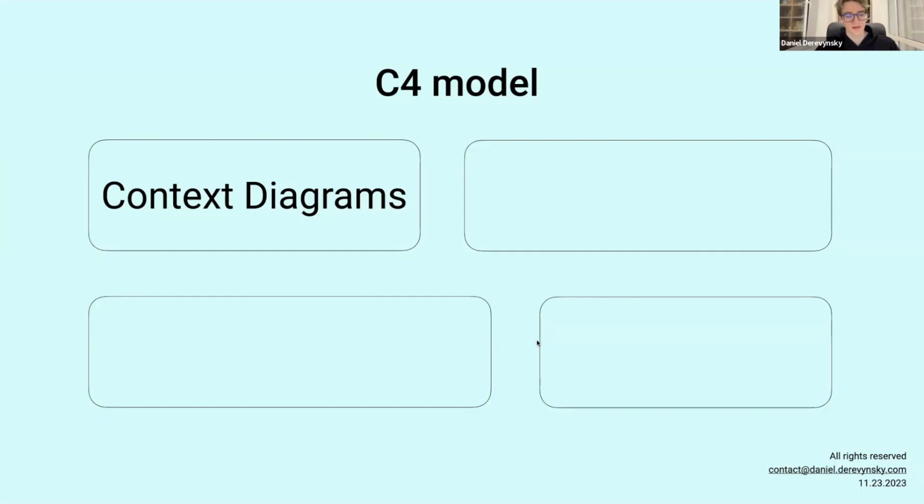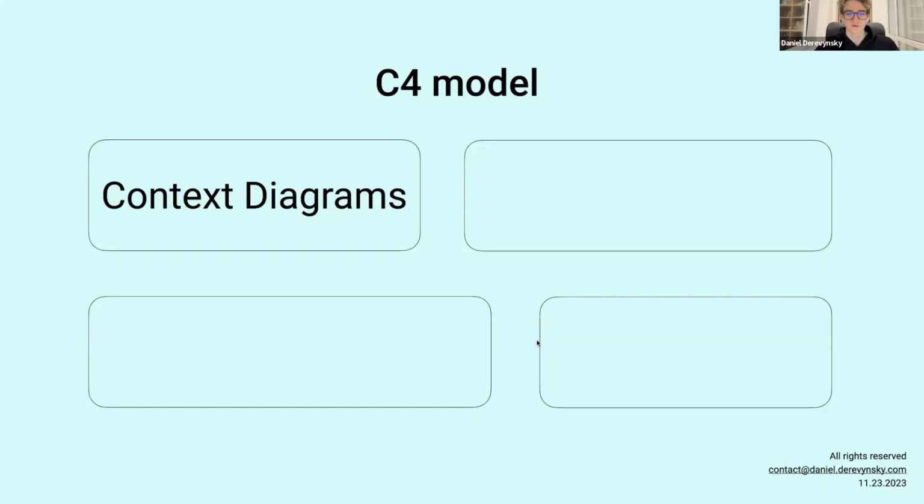What this model outlines is the abstraction levels that are possible in your diagrams. By introducing these abstraction levels, you're saving yourself and your team a lot of time coming up with your own. So the C4 model proposes 4 abstraction levels.